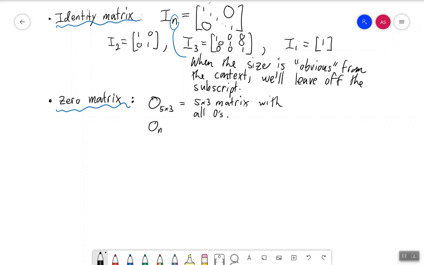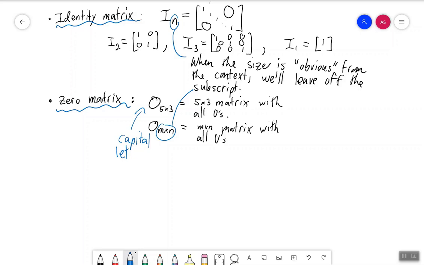So in general, O m by n is the m by n matrix with all zeros. We'll almost always leave off the subscript when the size is obvious from the context. Note this is a capital letter O. There is no standard notation for the zero matrix. This is the notation the book uses.